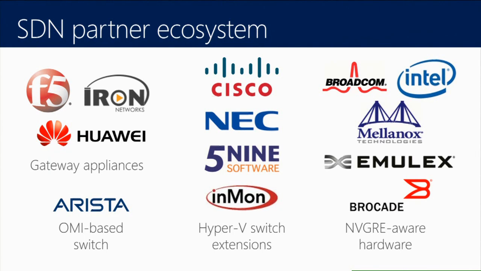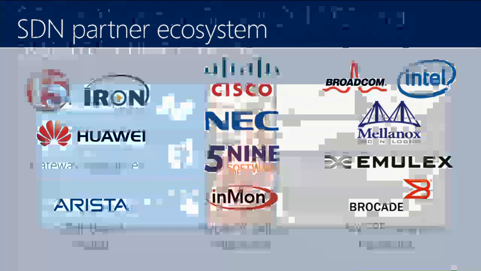Mellanox, through their ConnectX-3 Pro with NVGRE offloads, has also got great performance enhancements. So as you can see, we have a wide ecosystem of solutions all the way from gateway appliances to NVGRE hardware that gives you a range of solutions that you can deploy and meet your customer needs and meet your own needs. So with that, let me hand it back to Ravi.